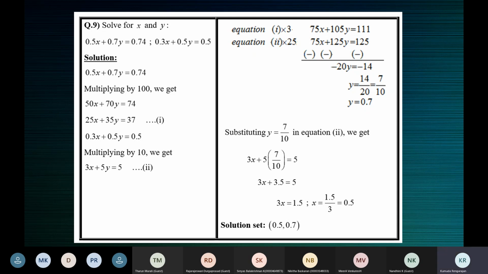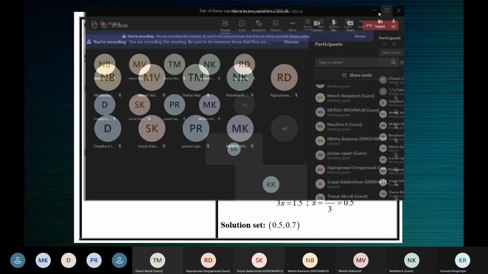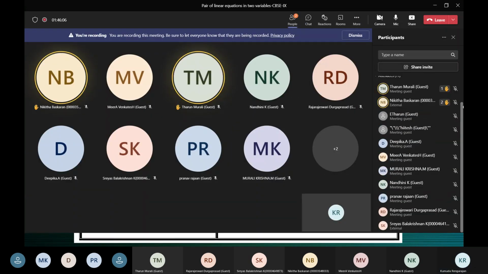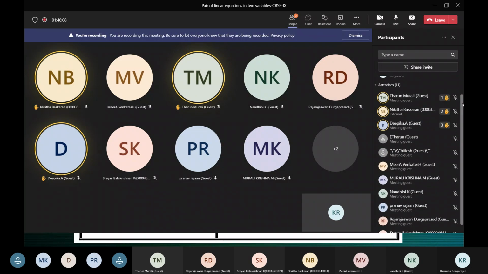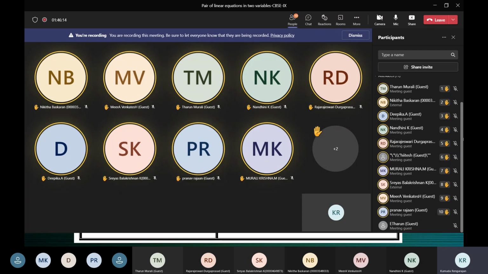Finished working, children? Yes, ma'am. Class, use the emoji, raise your hand. Tarun, Murali, Nikita, Deepika, Nandini, Rajeshwari, Hitesh, Murali Krishna, Shreyas, Meera, Pranav. Tarun Ishwaran, you've just logged in and you're not at your desk.